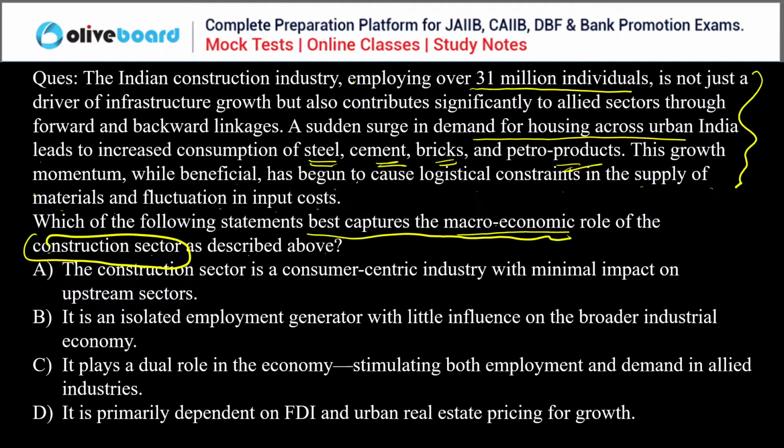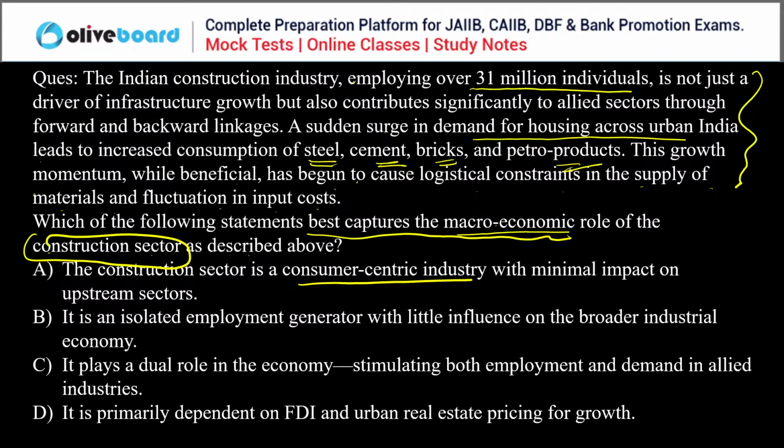Let's talk about each and every statement. The construction sector is a customer-centric industry with a minimal impact on the upstream sector. You know that construction is not just a customer-centric industry. It is heavily dependent upon the inputs.